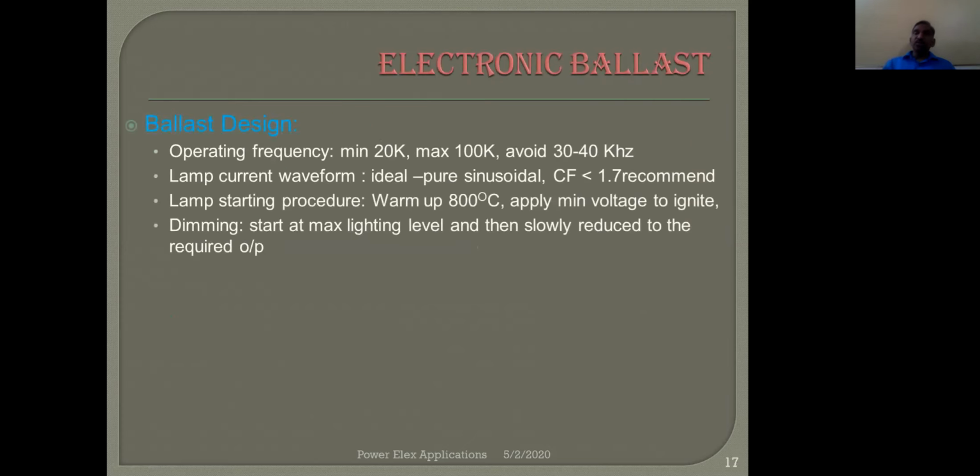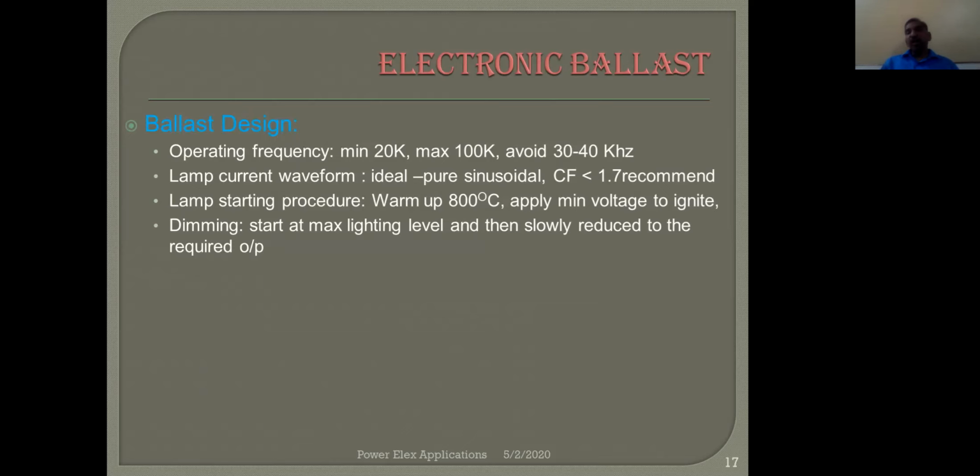Then in order to design or make a ballast, what parameters must be known, or what cares have to be taken while designing or manufacturing a ballast, are that all ballasts are operated at a minimum frequency of 20K and up to 100K.